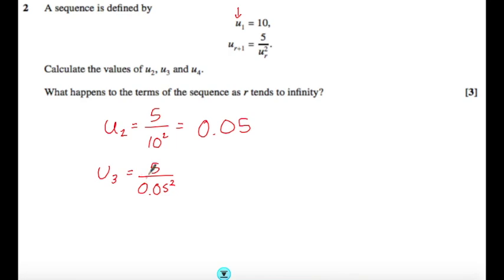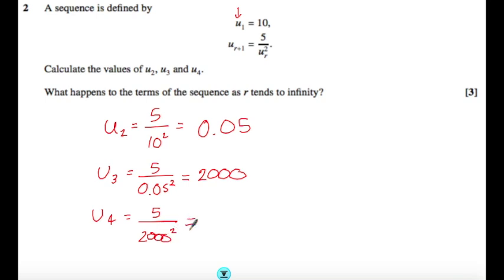So now we're doing 5 divided by the last term squared. So I'm going to put in my calculator, 5 divided by answer squared, and that gives me 2000. So u4, which is the last one they want, so that's 5 over 2000 squared.